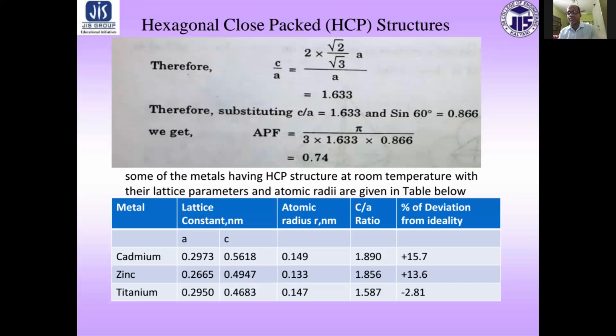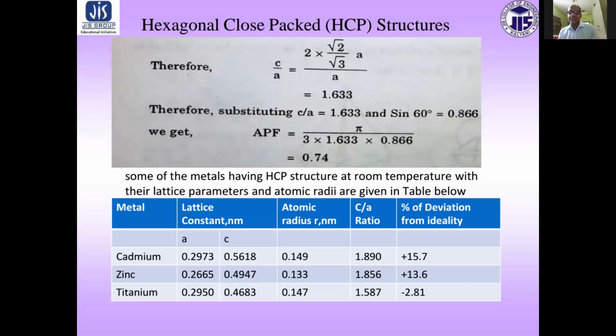The atomic radius R is 0.149 nanometer. The C by A ratio for cadmium, measured at room temperature, is 1.890, which deviates from the ideal hexagonal close-packed structure. The deviation is plus 15.7%.